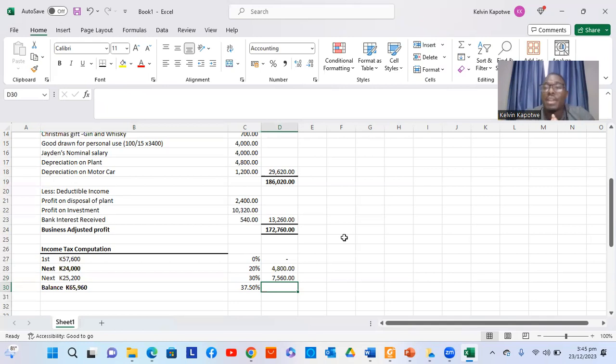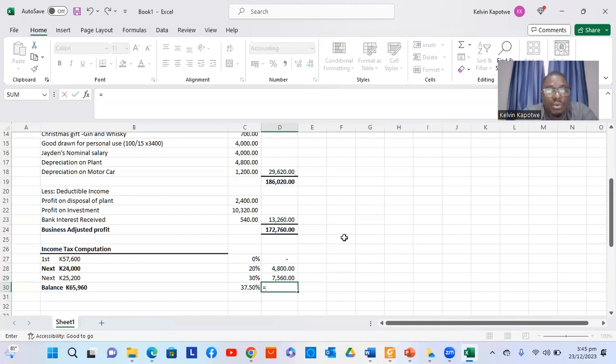You are remaining with 115,160. Then remove the next 24,000. You are going to remain with 91,160. From the 91,160, remove the third 25,200. What you remain with is the balance that must be taxed at the largest tax band, which is 37.5%.